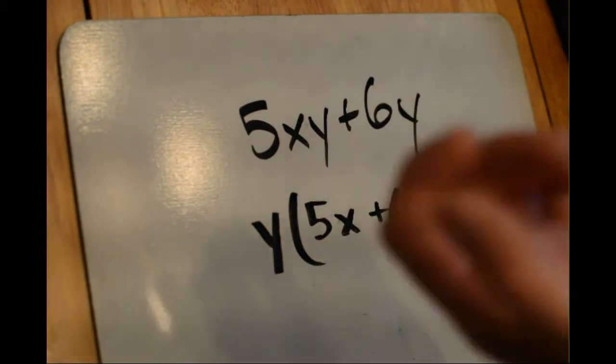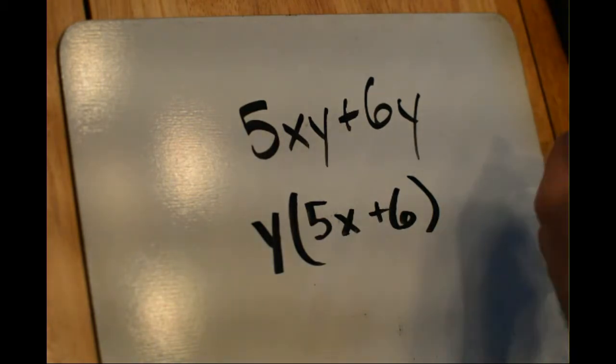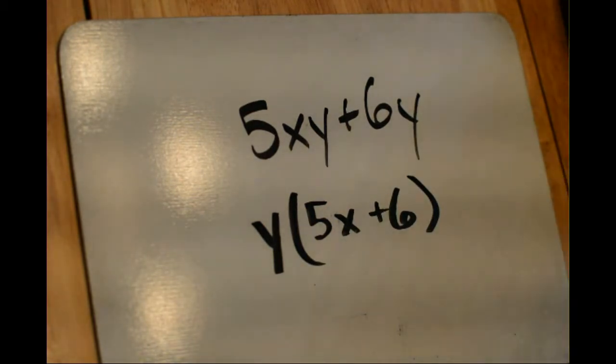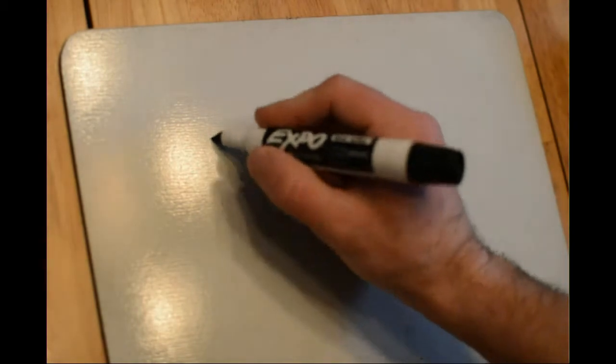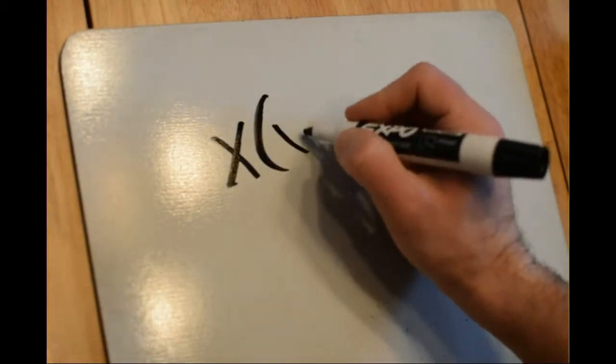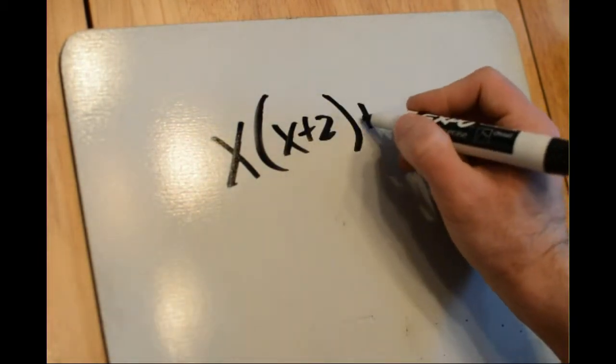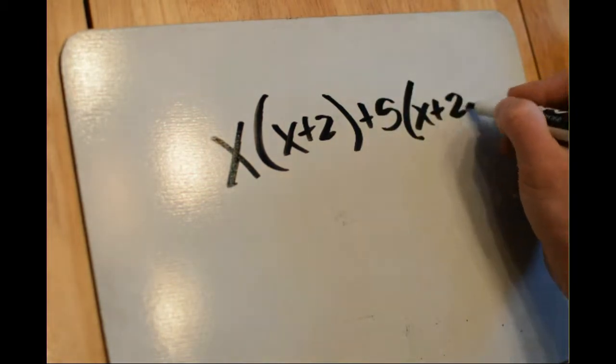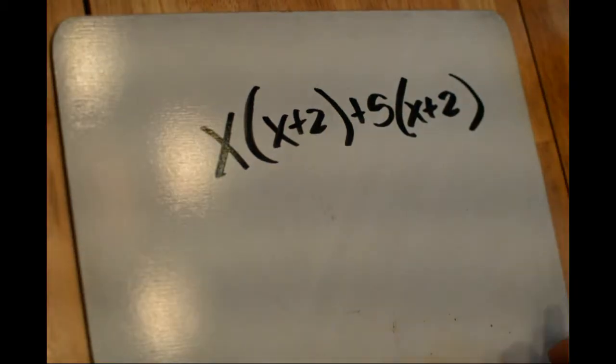Now we're going to take a look at some factoring that involves expressions that are just a little bit more complicated. So here is another example, and we're going to be looking at a common binomial. Here is another expression: x times the quantity x plus 2, plus 5 times the quantity x plus 2. Now really there are two terms going on here.